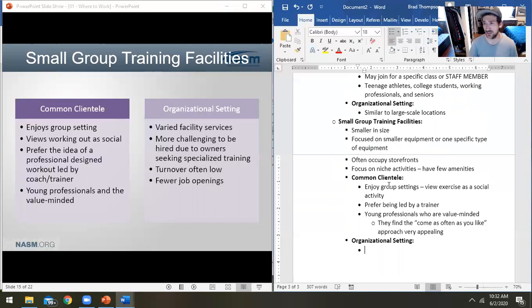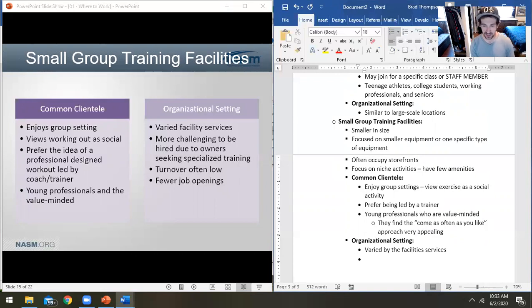Organizational settings are definitely going to be all over the place. There's no rule for how these are usually organized. You're going to have maybe a manager in one place who actually teaches classes, or maybe you'll have an owner that's never present. It's very challenging to make a general rule of thumb for places like this.